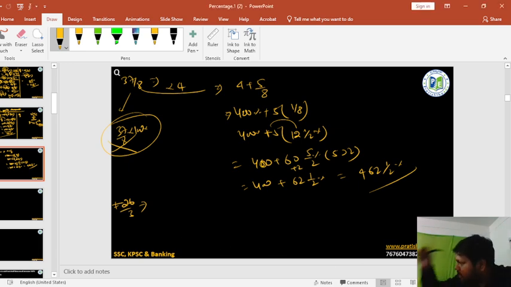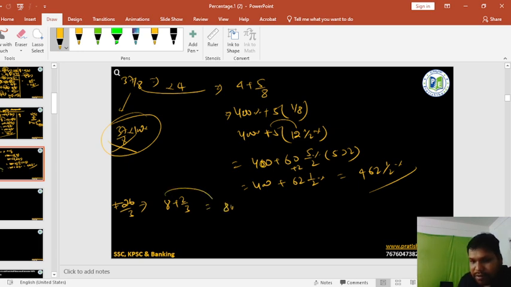Write it down. 3 8s are 24, plus 2. Correct? 3 8s are 24 plus 2 by 3. Now 8 is how much? 800%. And 2 by 3 is how much? 2 by 3 I'll write down. 2 into 2 by 3, I can write down directly 66.66%.